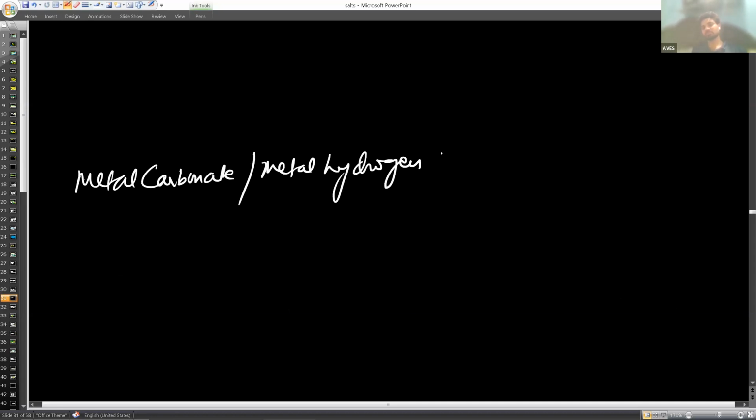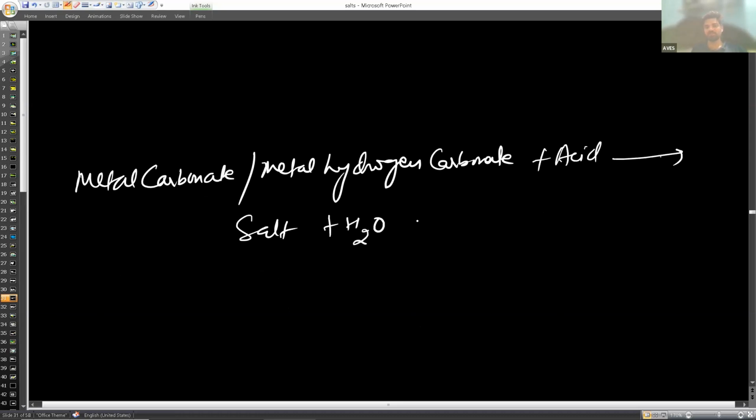This is the normal chemical reaction, whether it is metal carbonate or metal hydrogen carbonate. And what is the role of this carbon dioxide?